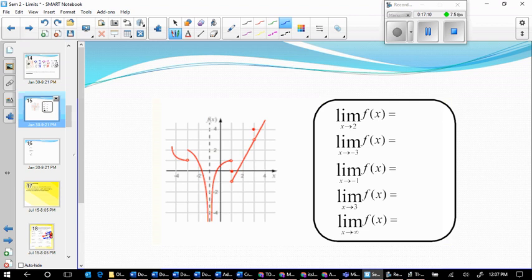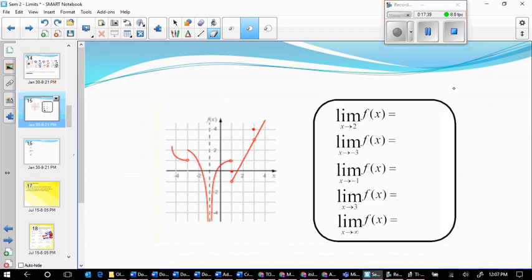All right, so the limit as x is approaching 2, again, I'm going to look at 2 from both above and below. As we're doing limit as x is approaching 2, we do want to look at both one-sided limits.